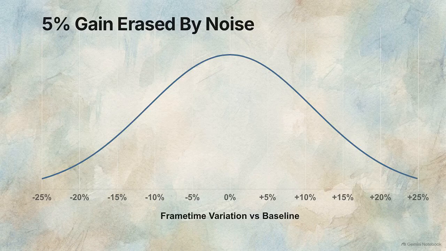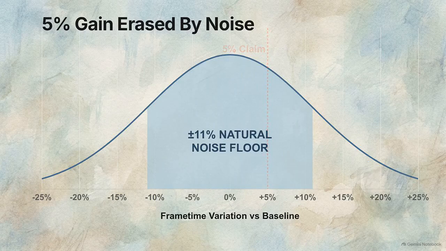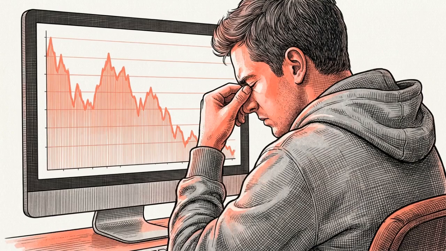If a tweak claims a 5% improvement in low frame times, that gain is completely swallowed within the natural 11% standard deviation band. Any claimed gain falling inside this variance limit is statistically indistinguishable from a null result.